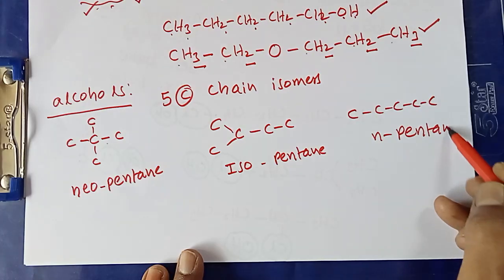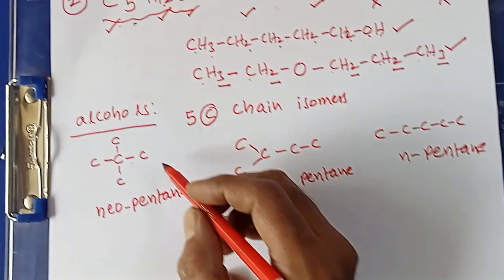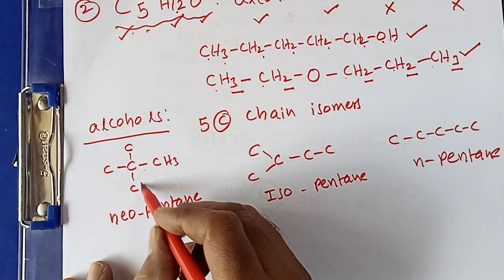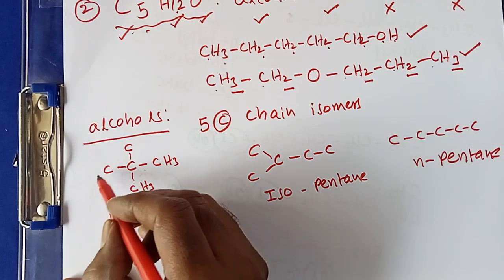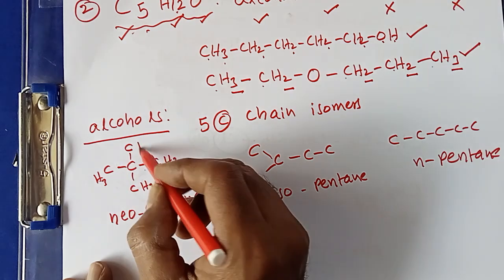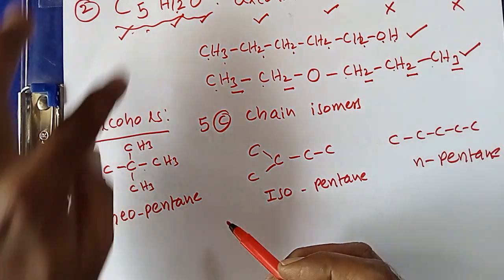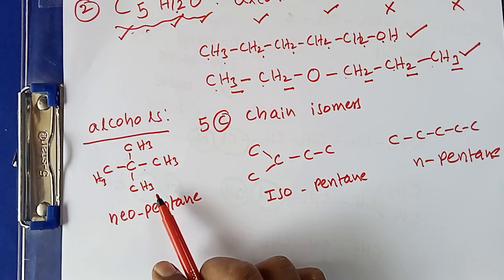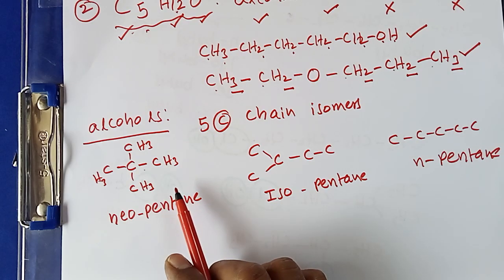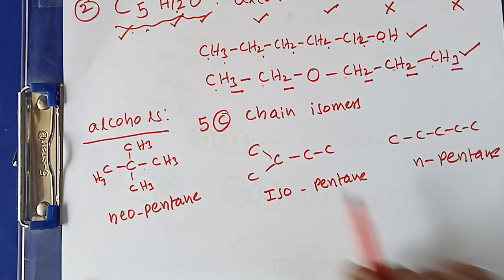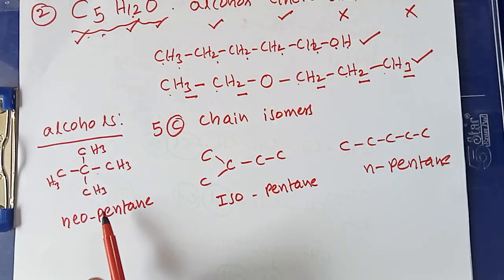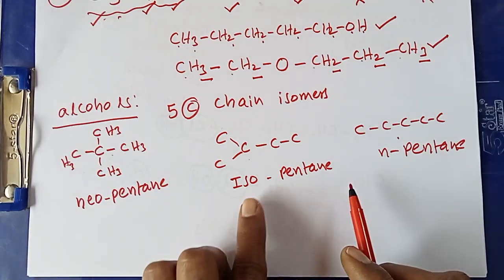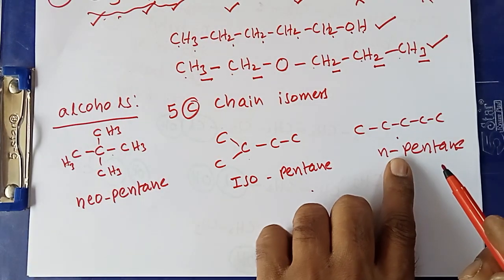How many hydrogens here? 3, here 3, here 3, and here 3. So 12 hydrogens, C5H12. First we write the number of chain isomers with 5 carbons. So 3 chain isomers are possible: neopentane, isopentane, n-pentane.